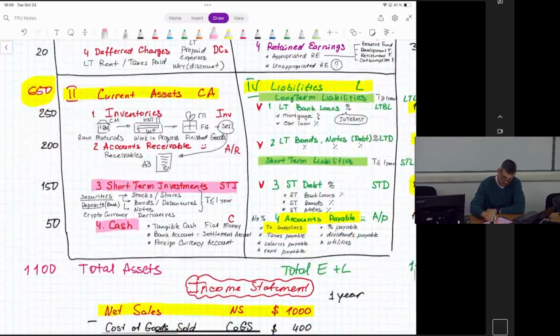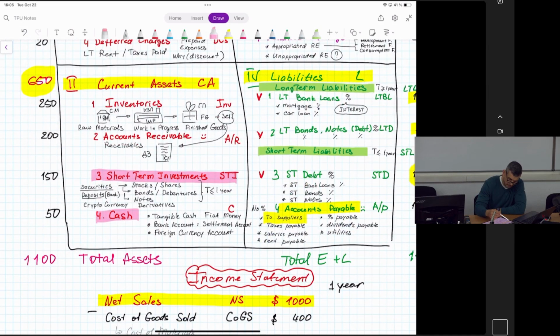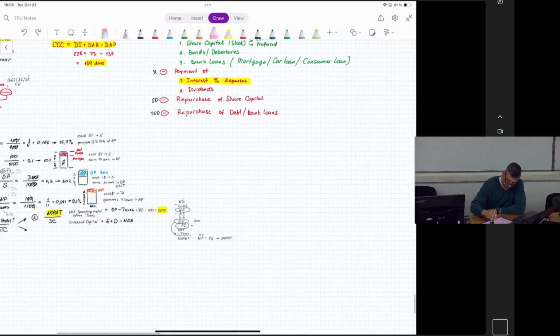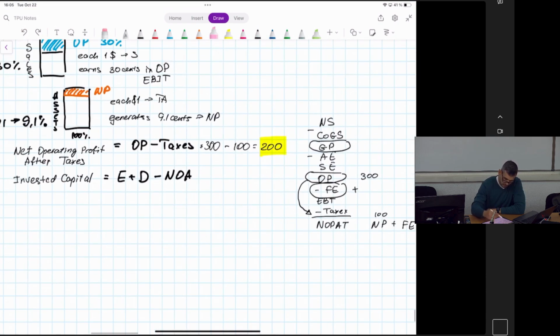Okay? So I will go back a little. Here I will write down that this is cash and short-term investments. And let's find out what we have for invested capital. Our equity is how much? Remember we talked about it? Yes, 600.